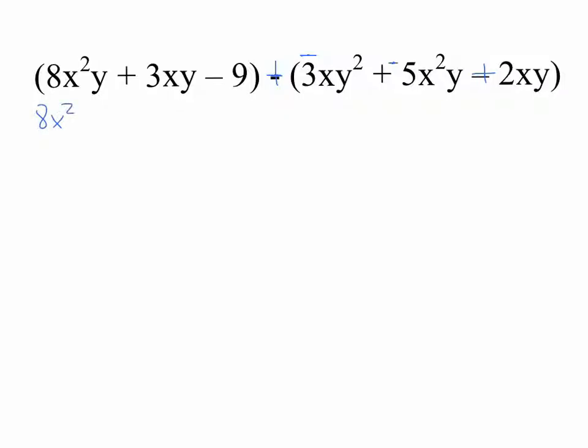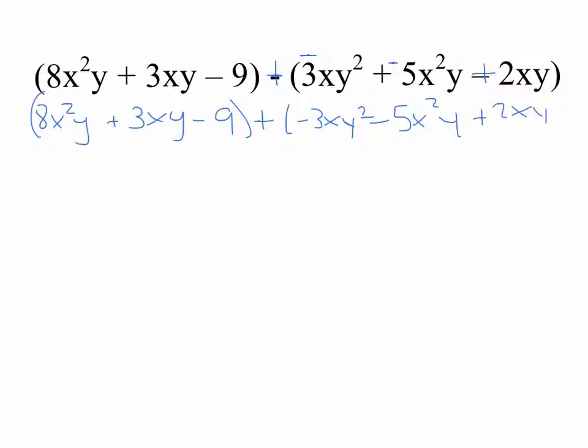So it's 8x squared y plus 3xy minus 9 plus negative 3xy squared minus 5x squared y plus 2xy. And I'll erase these so we can see that we, in fact, changed the minus to a plus, and all the signs on everything changed.